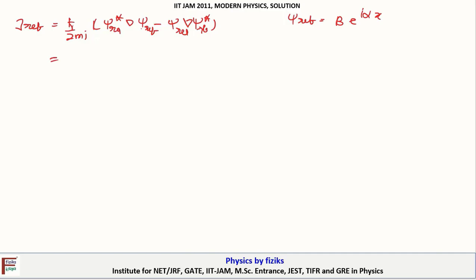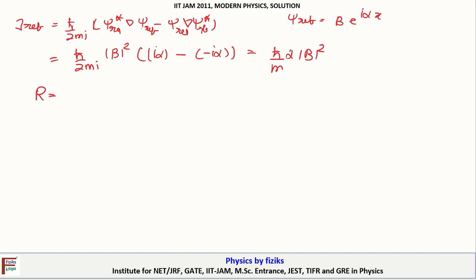Now once I substitute, we get h cross by twice m i, I have taken mod B square outside, so here you would have i alpha minus of minus i alpha, equal to h cross alpha by m mod B square.